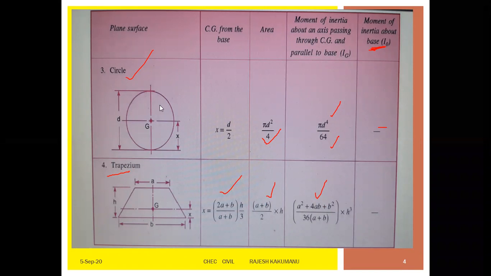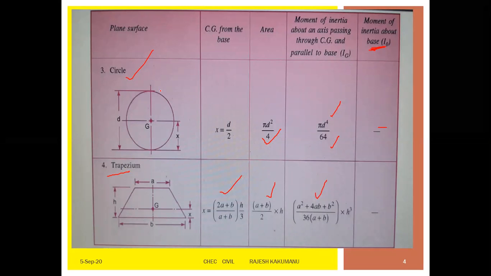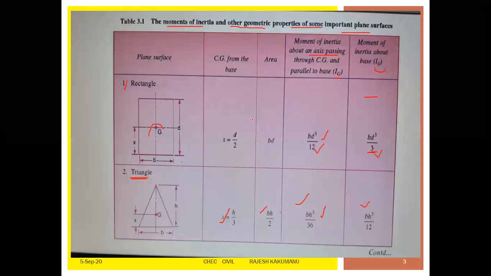If the circle is in this direction, front view, and you want to see the side view of the circle, it just looks like a line, like my first year drawings. If you take a trapezium also, it looks like a line. So you see the objects in the front view, the side view or the top view.